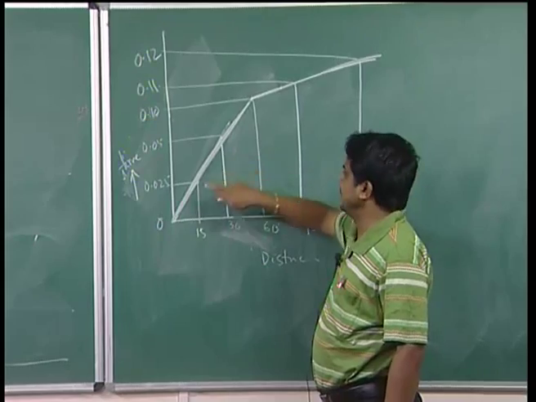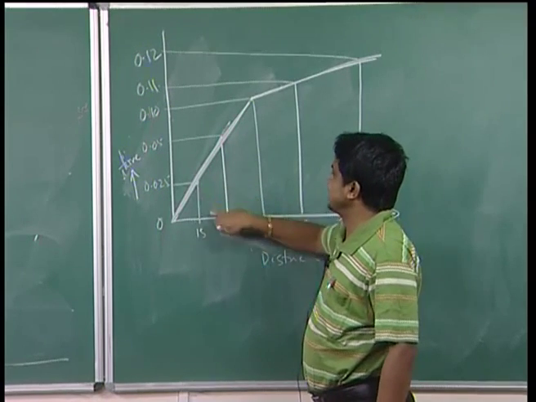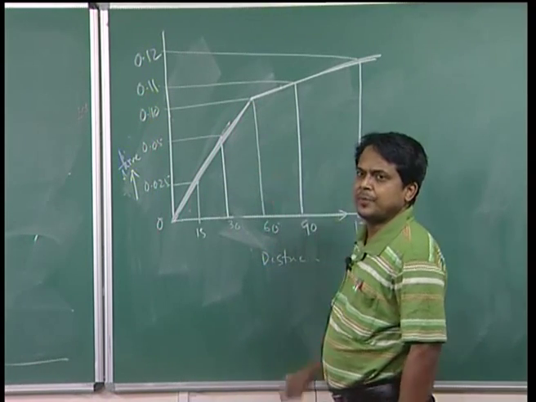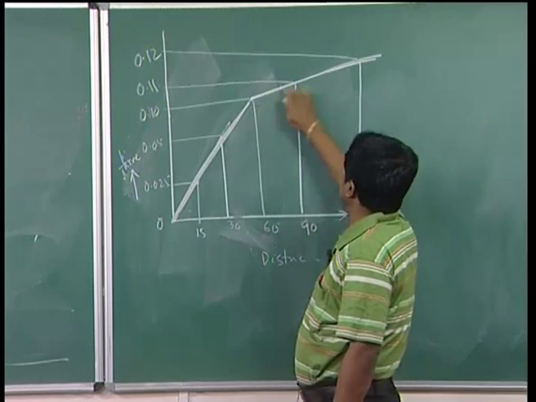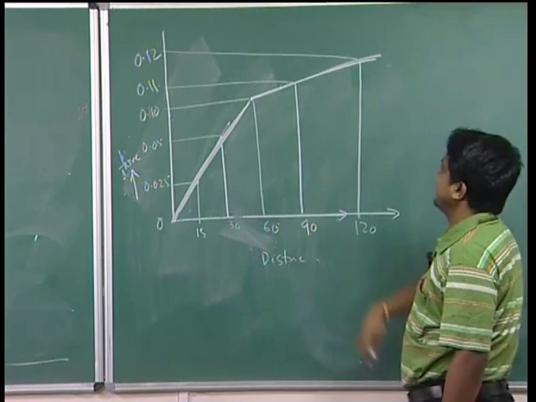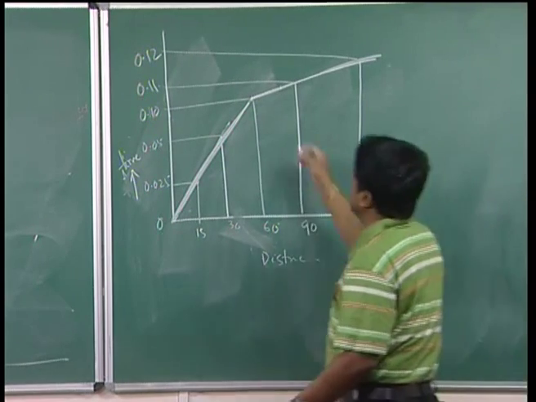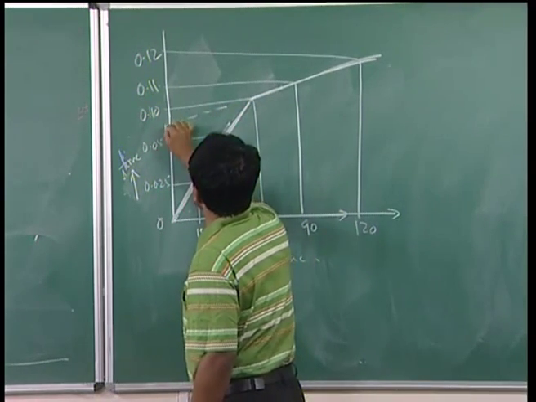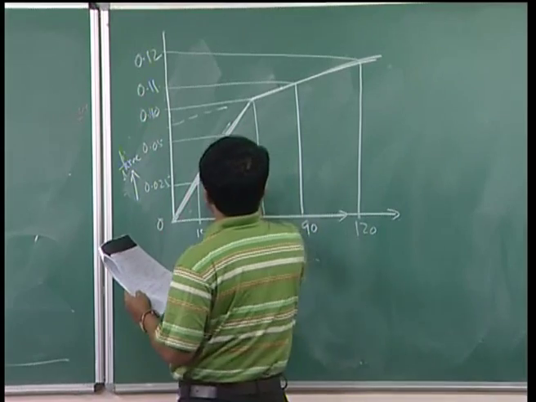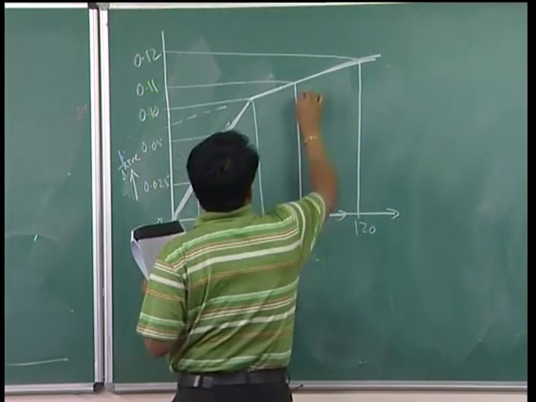With increase in distance, the time increases in a straight line. After 60, there is a change. This is well documented, and you can say this slope is my V1 and this is my V2.